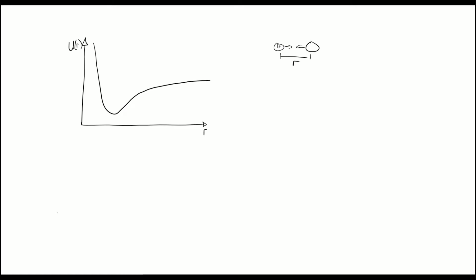And it turns out that you can plot that potential energy as a function of separation between those two objects. We'll call that R. So the potential energy of some chemical bond as a function of R is going to look something like this, where we have sort of a steep slope like this, and then it tapers out like that as we go to larger R. And it turns out you can get a lot of information just from this plot.